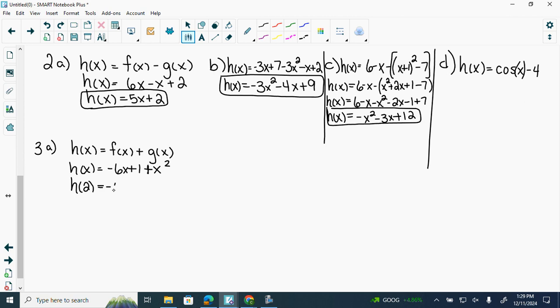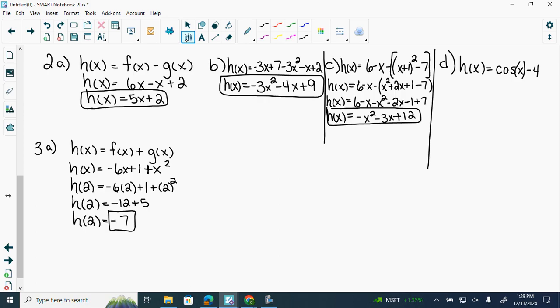So we're going to get negative 6 times 2 plus 1 plus 2 squared. So h of 2 equals negative 12 plus 5. So h of 2 equals negative 7. And this is the answer. Negative 7 is the answer.